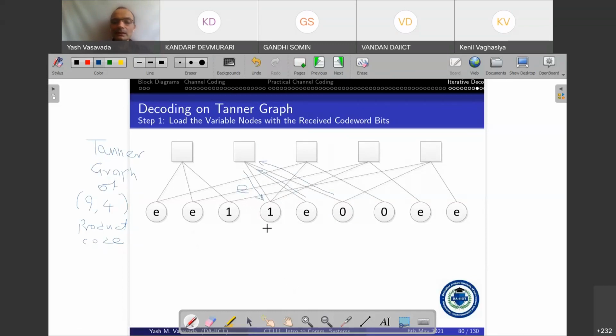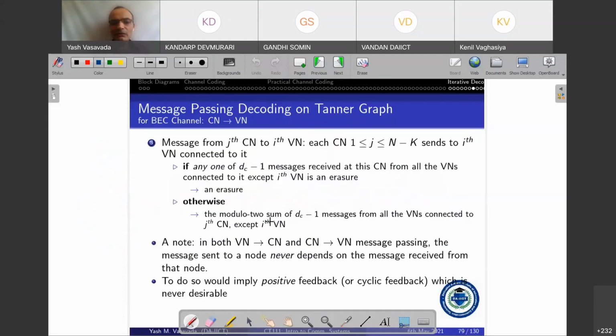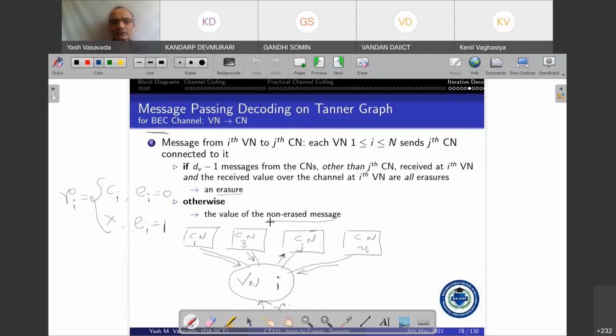But it is not going to have any effect on the algorithm, because remember, from VN to CN, even if one of the dv minus 1 received values is not an erasure, the VN already knows what its value is.